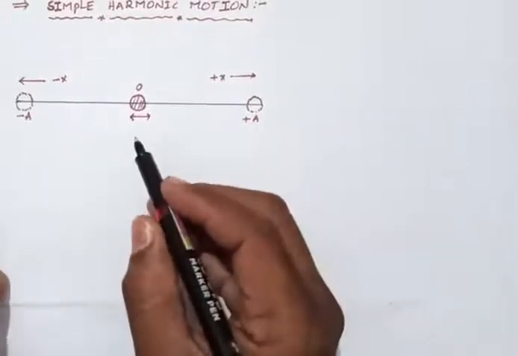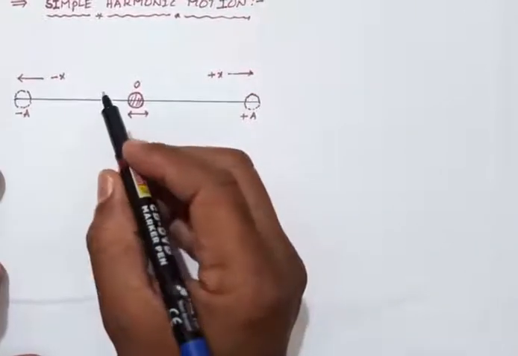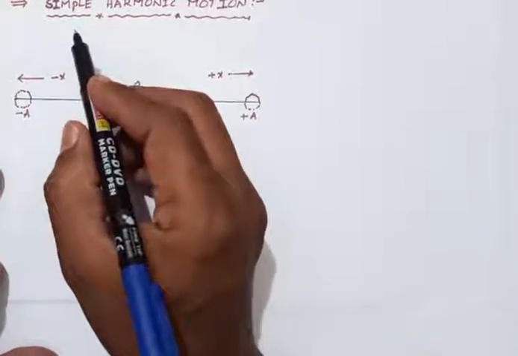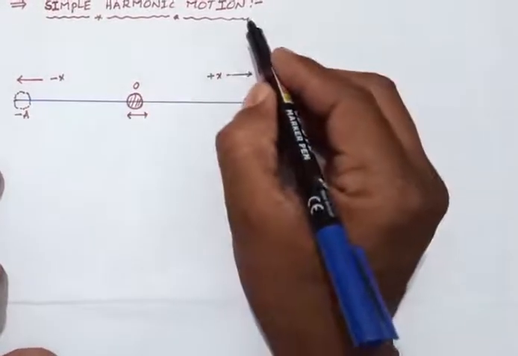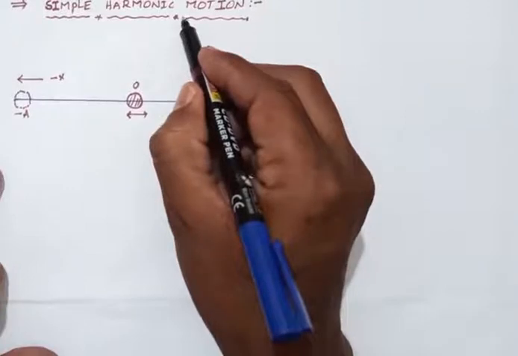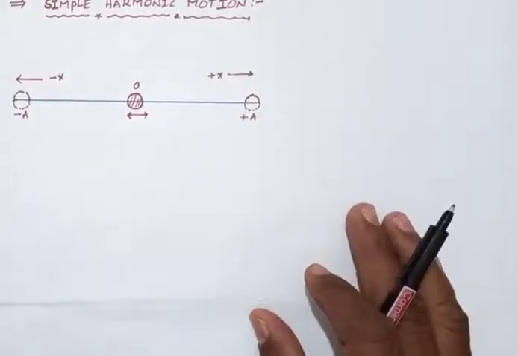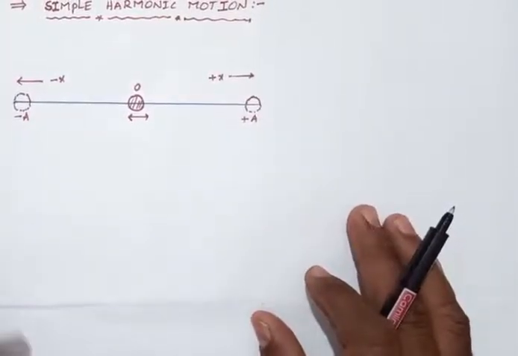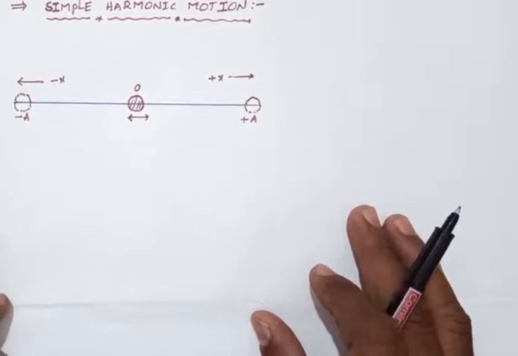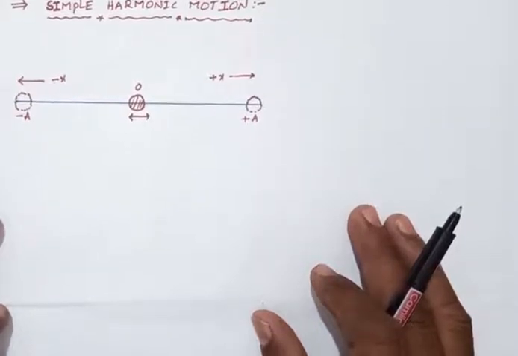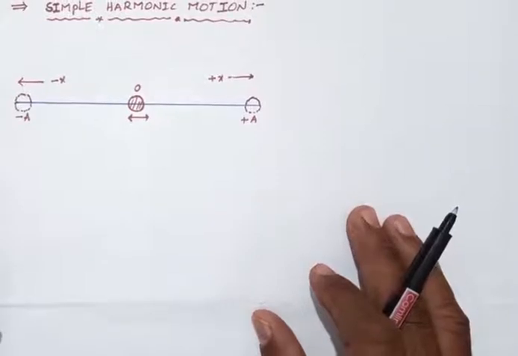Okay, listen. Today we are studying simple harmonic motion. So, what is simple harmonic motion? Yesterday, before this class, we studied the displacement of a body in simple harmonic motion.